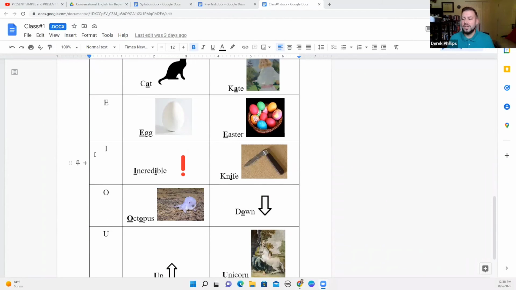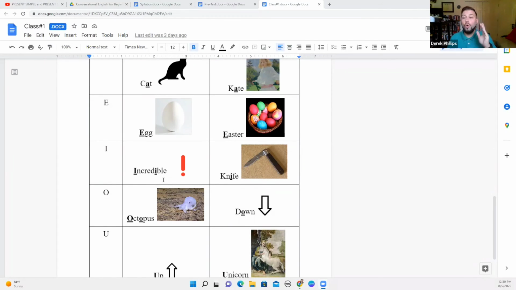Then we have the letter I. When I refer to myself in English, I say I. I love to learn English. But here, in the context of a word, the short I sounds like incredible, incredible. We get that?